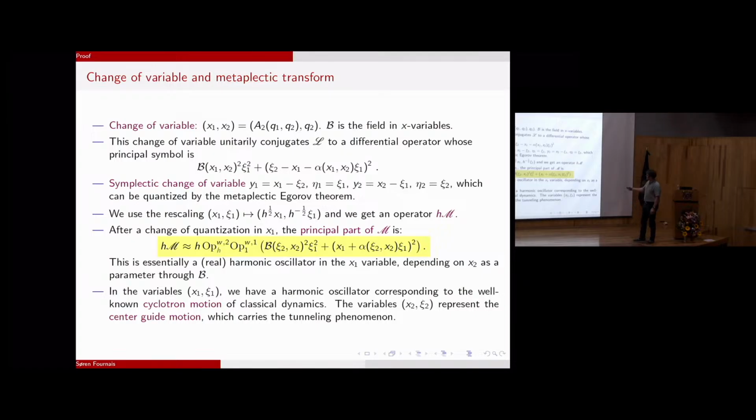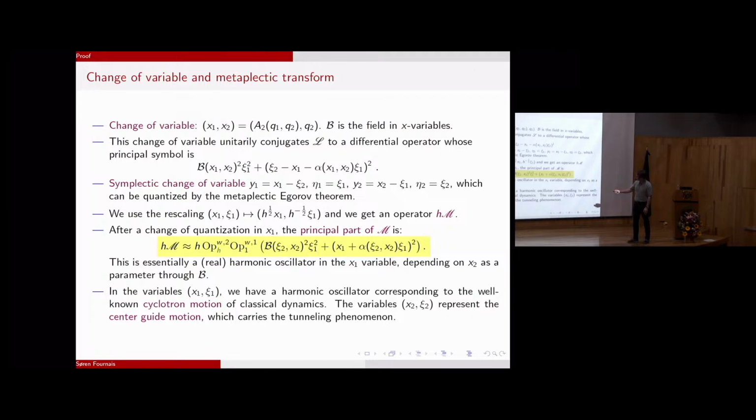Somehow there's a difference between the x1 variable, which is the one that ends up being left, and the x2 variable, which is the one you translate away. Because of that, we make a scaling to make one of the variables semiclassical and the other one not. But that's just technical. You don't really have to worry too much about it, but it's implemented on the slide. That's why I tell you. Once you've done that, with this scaling in the x1 variable, you will get an operator that I call M, and I've smuggled out a power of h, which is everywhere.